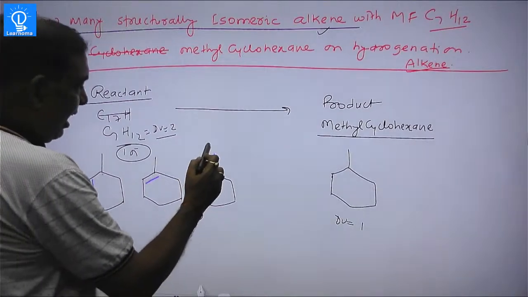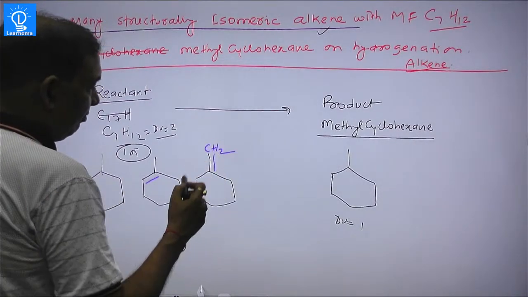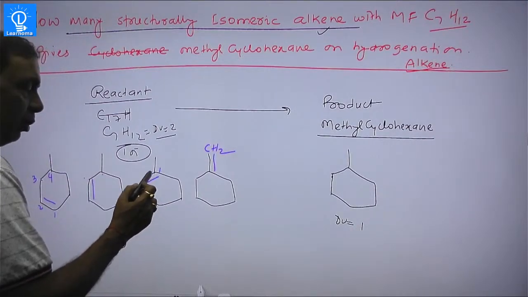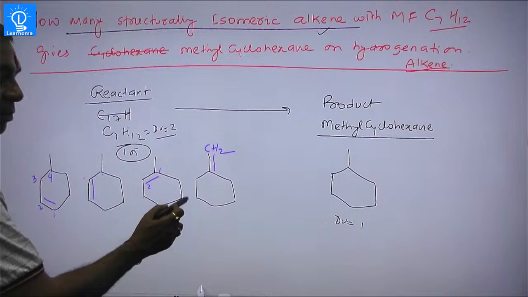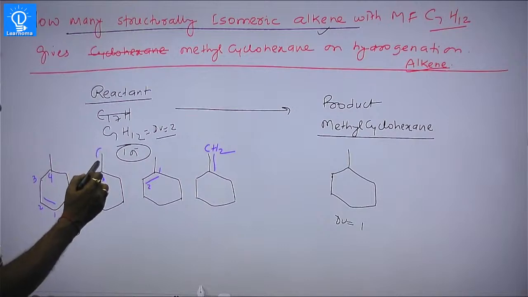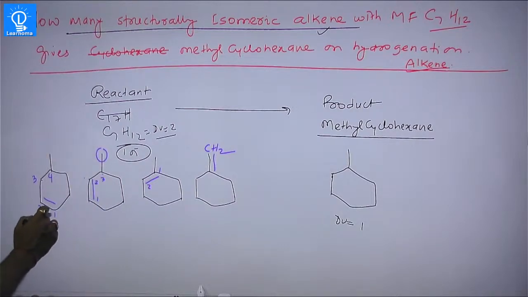This is your methylene cyclohexane, this is your 1-methyl cyclohexene, this is your 3-methyl cyclohexene, and this is your 4-methyl cyclohexene. The answer is 4.